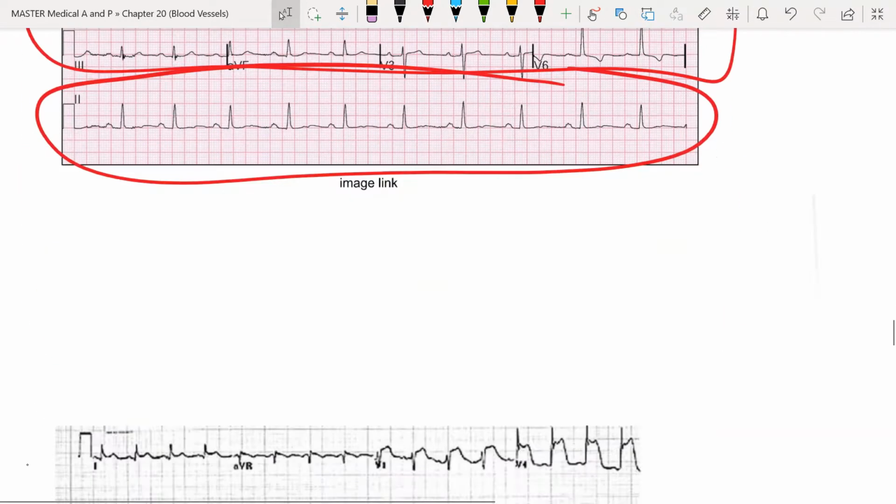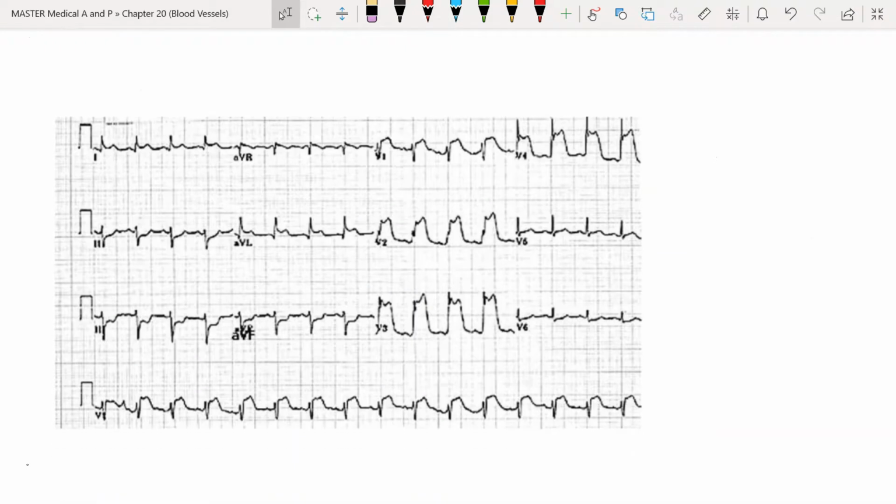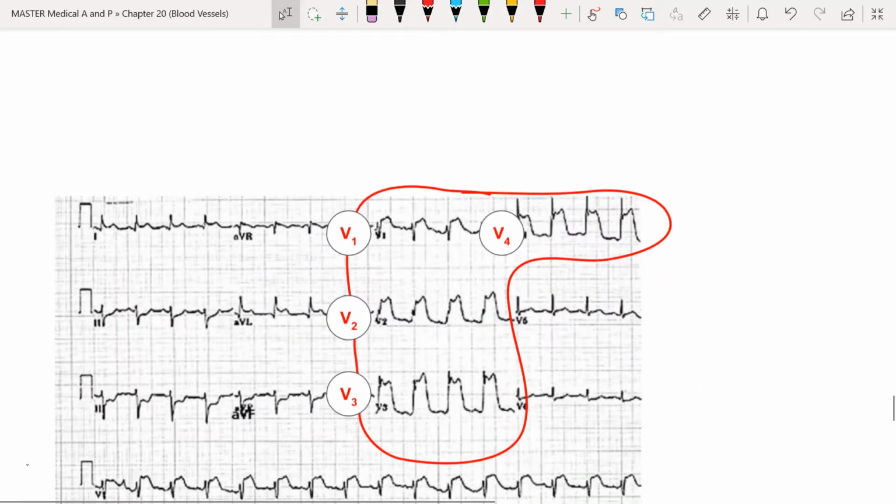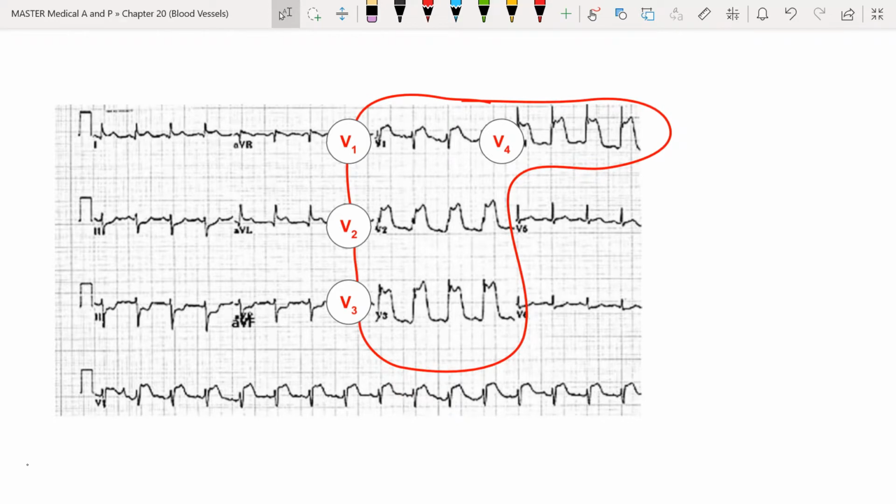Normal, abnormal. See if you can spot the difference. If you're having trouble, I highlighted views V1, 2, 3, and 4 on this one, and views V1, 2, 3, and 4 on this one.